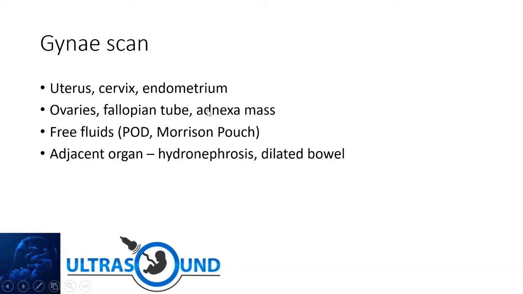You also would like to look at the adnexa. Is there any adnexal mass to suggest things like ectopic pregnancy? You also want to know whether there is any free fluid. And also the adjacent organs, such as the kidney, you would want to know whether there is hydronephrosis because of compression by the mass. Sometimes you can also see some dilated bowels, but we are not trained to do ultrasound on bowels.